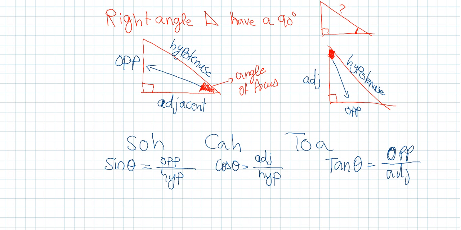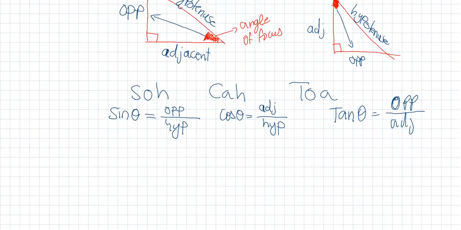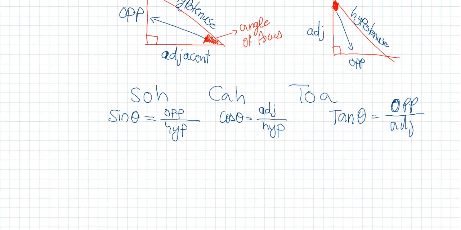What else can I use for right angle triangles only? Pythagorean theorem, right? So the other formula that I can use, guys, I'm putting in big capital letters, only, okay? Only use for right angle triangle is Pythagorean theorem. Pythagorean theorem says the following.